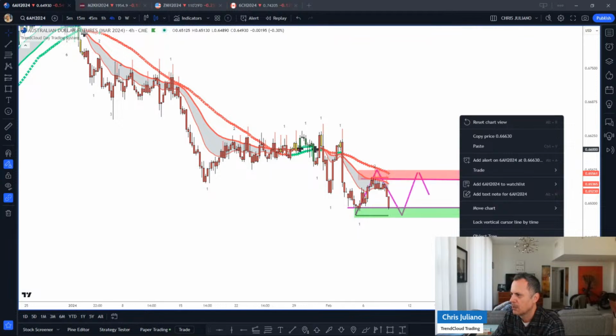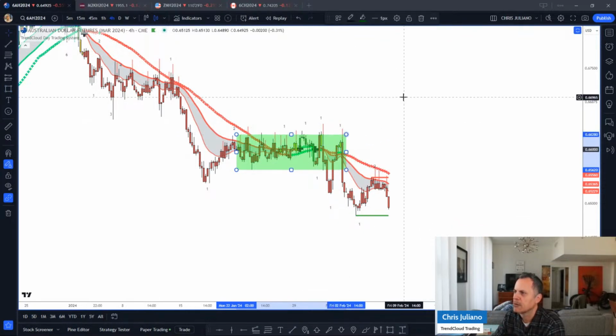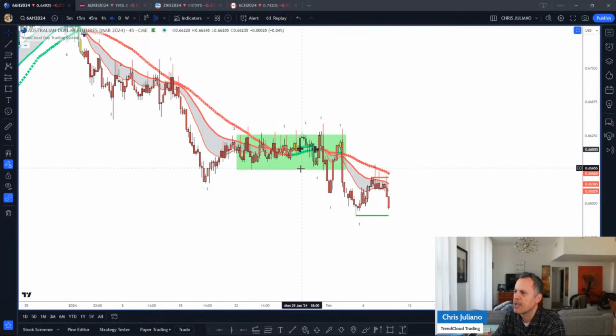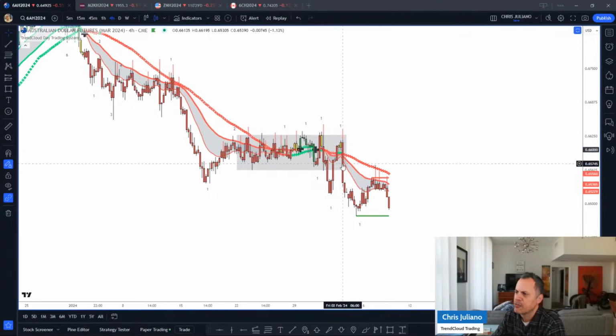That's right. So when we were looking at it back here, right, we established, okay, well, we were like right here. Let's make that gray. And we said, oh, great, it broke to the downside. So what did we all do?